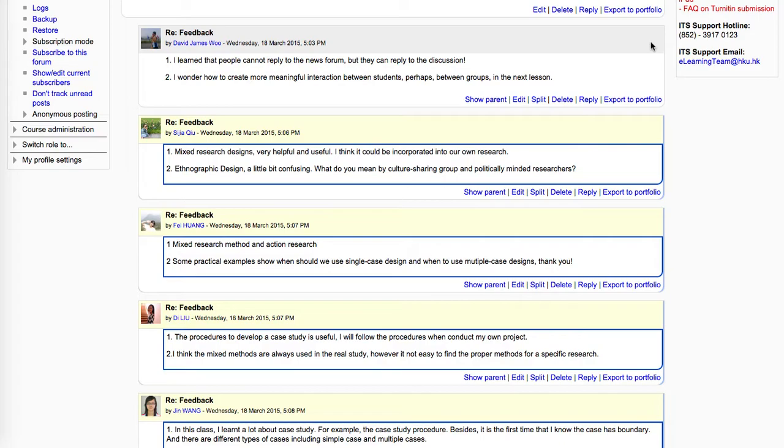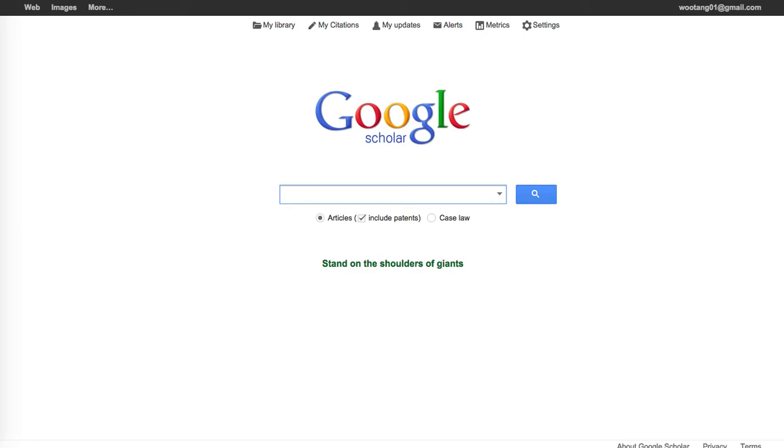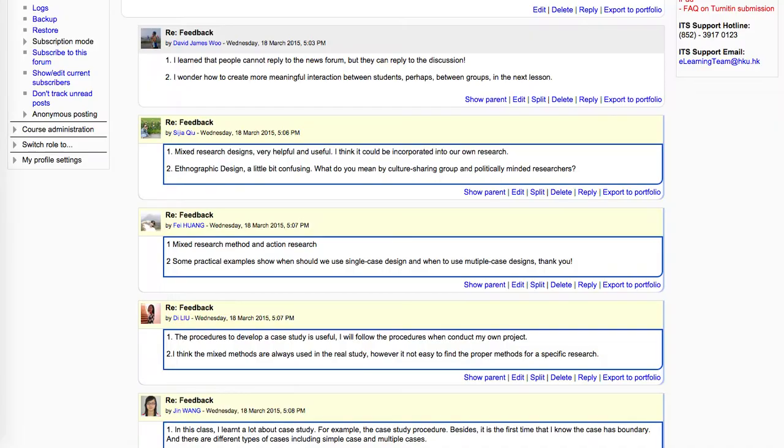And then after you have read those materials and you still have questions, I recommend going to Google Scholar and finding specific examples. You can find the examples that you understand the best using Google Scholar.